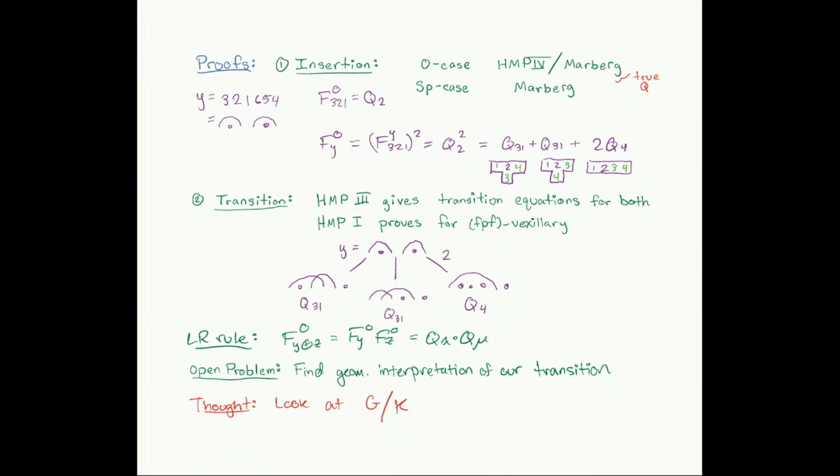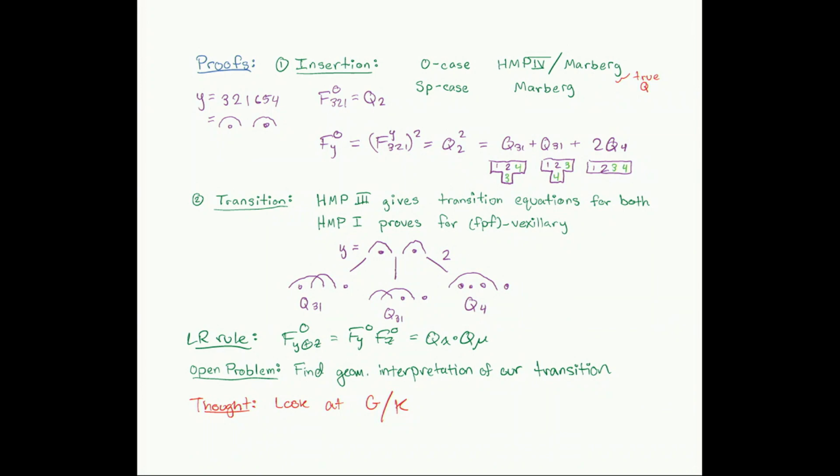And as a byproduct, you get a Littlewood-Richardson rule for multiplying Qs. It's an open problem to find a geometric interpretation of this transition equation. We came up with it in a purely combinatorial fashion. We don't know what it means geometrically.